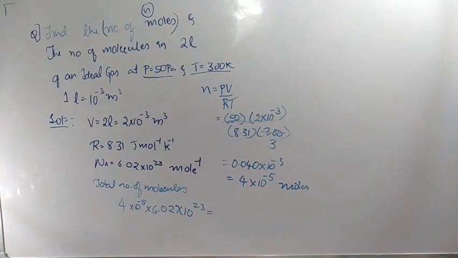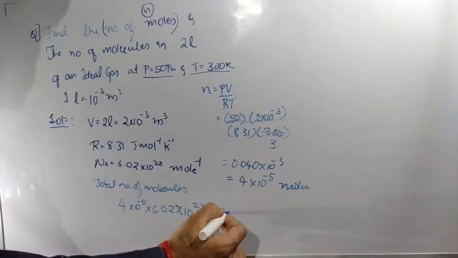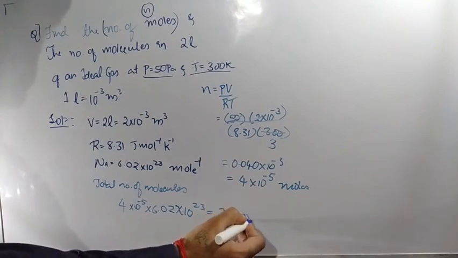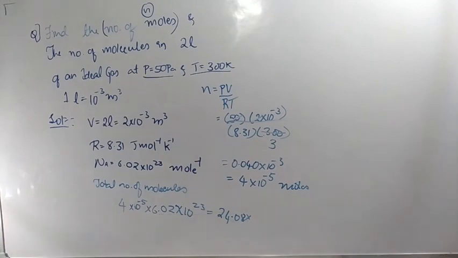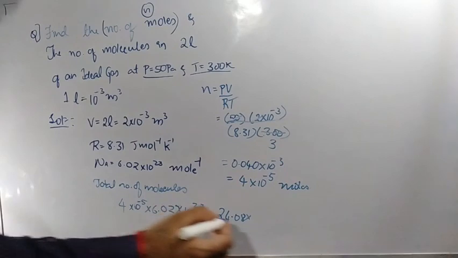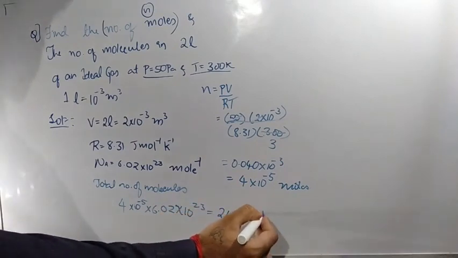4 into 6.02. Somewhere near, you are going to get 24.08 into 10 to the power of, 23 minus 5 means 18, 10 to the power of 18.